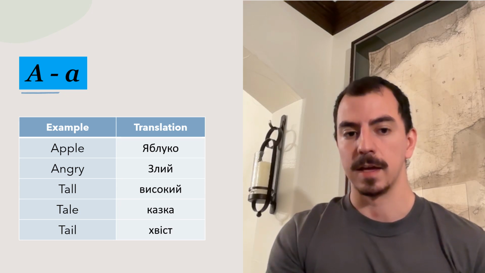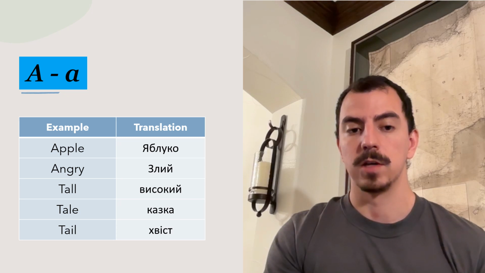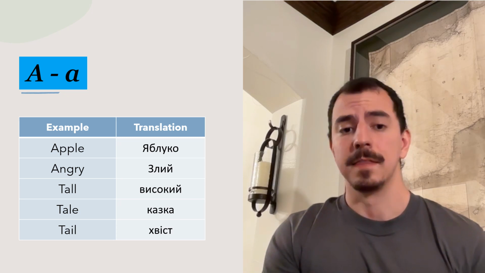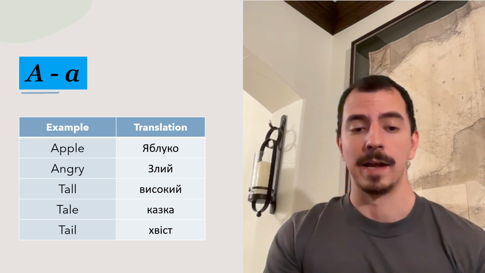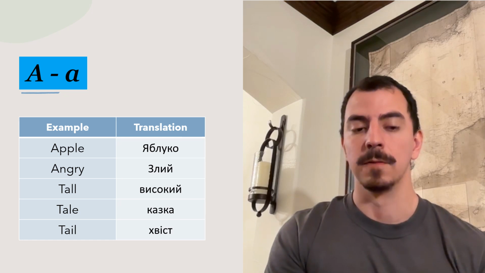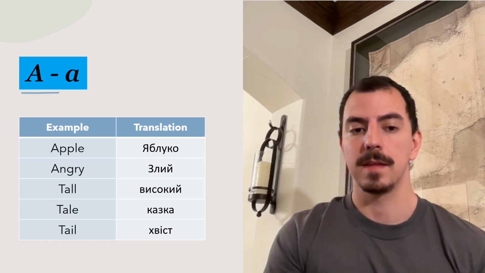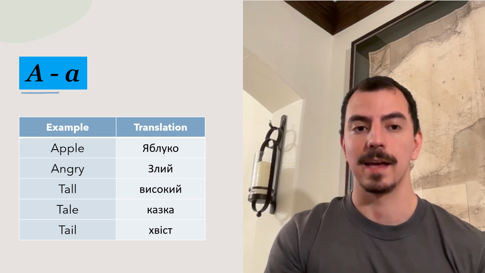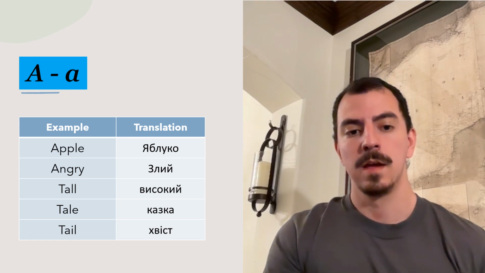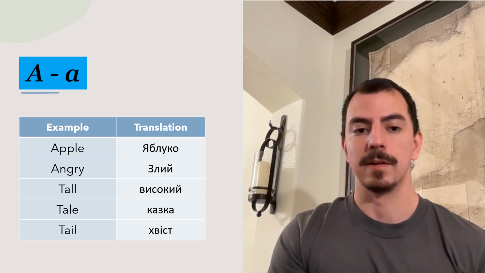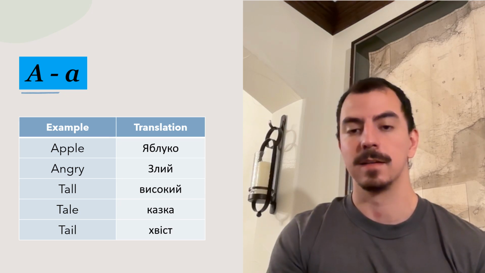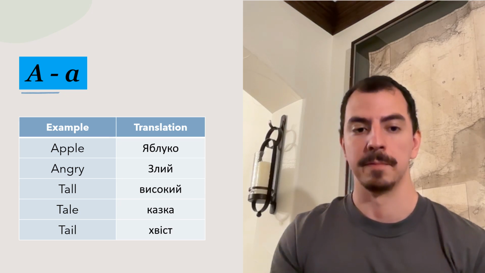Because of the E, it turns tall into tail. And then the last example is also pronounced tail, T-A-I-L. The AI sound just sounds like A. So it's tale. The AI sound is the same as having A and an E close by.